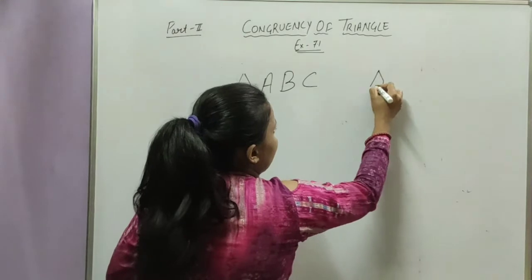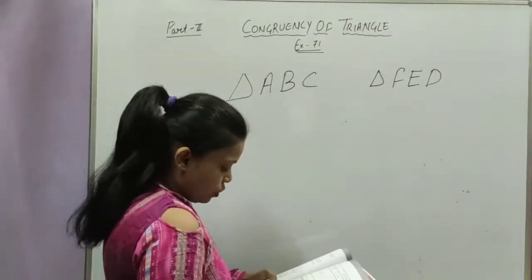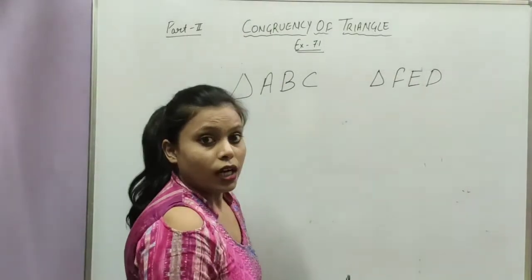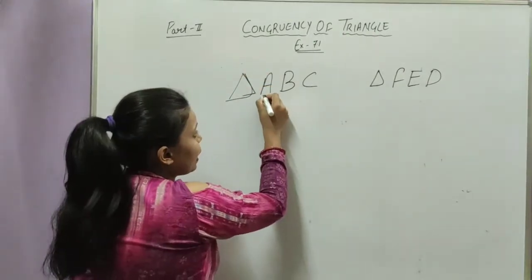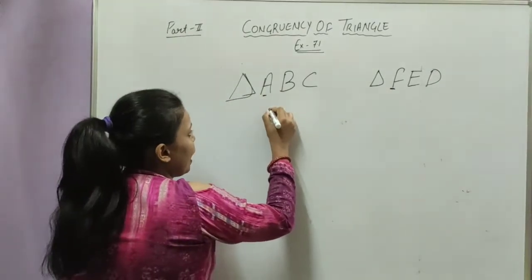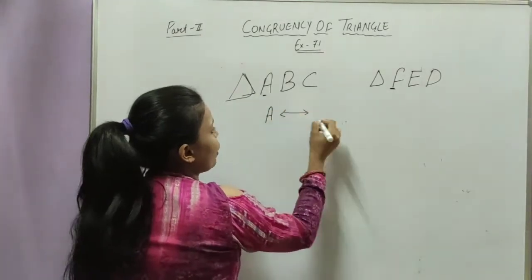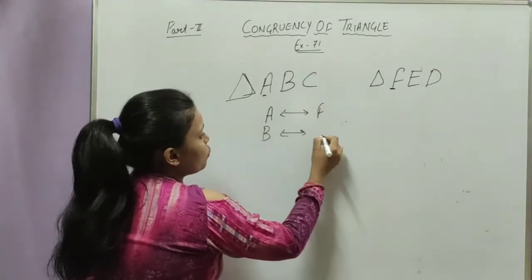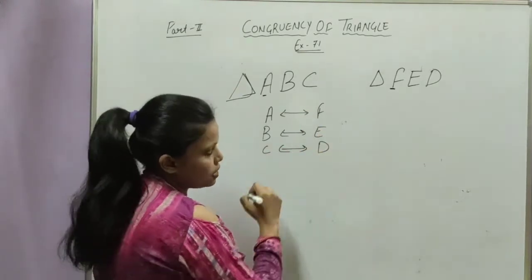We need to find out which side or part corresponds to the other. We know that A and F will correspond to each other. So we can say vertex A will correspond to F, vertex B will correspond to E, vertex C will correspond to D.